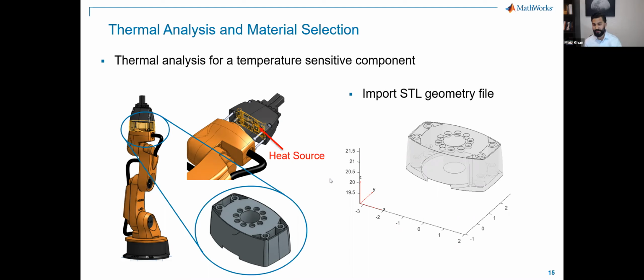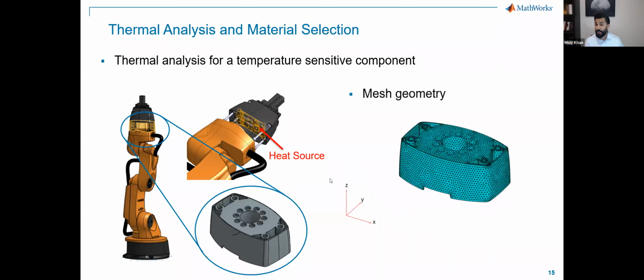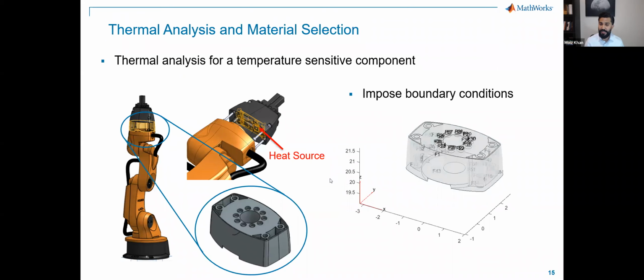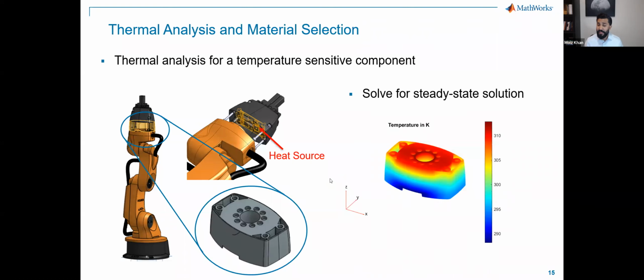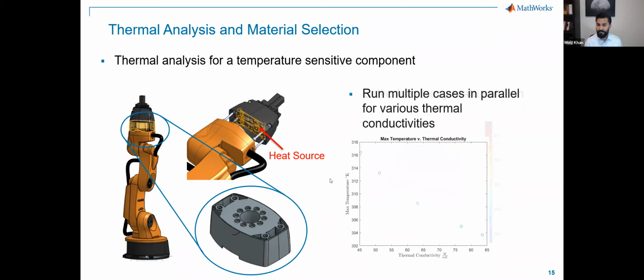So one way to think about doing something like this is to take your CAD model, convert it to an STL file. This is something that we've done. There's, of course, other ways to go about the problem. Convert it into a mesh, and then set boundary conditions based on the material that is used for this type of housing. And then do a thermal analysis to see what type of heat gradients you would have in a part of this design.